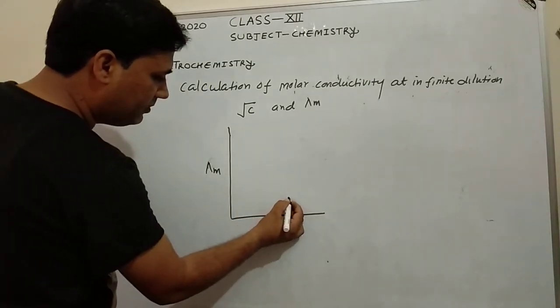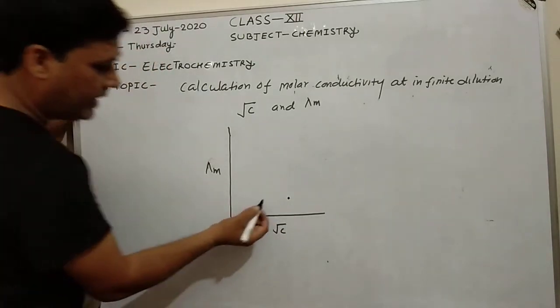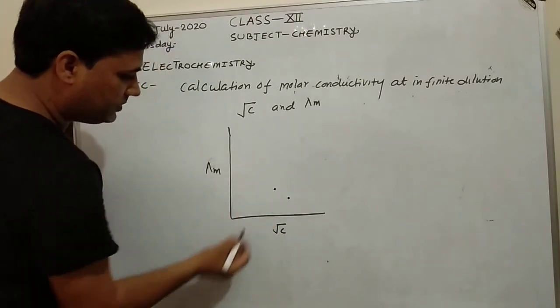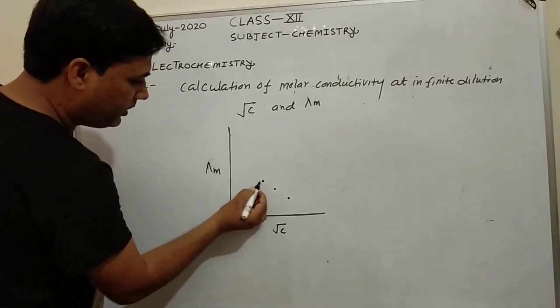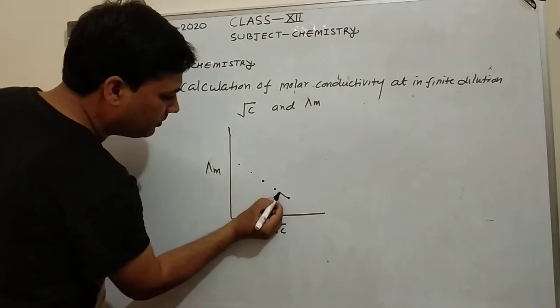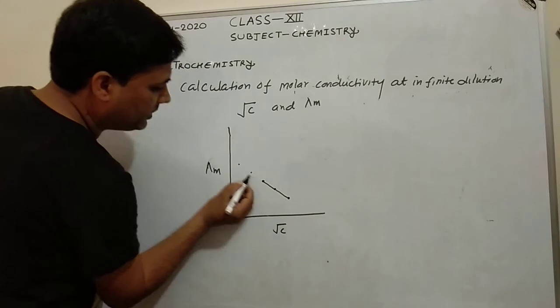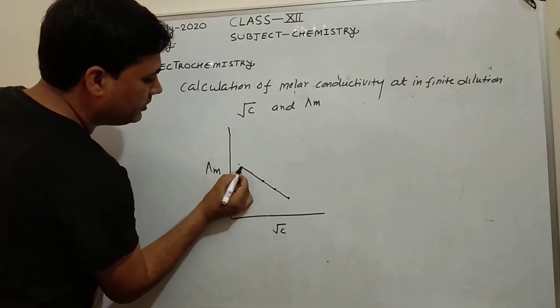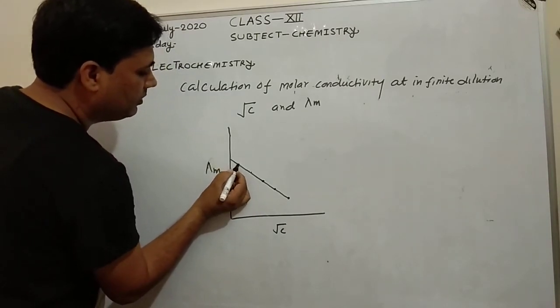At this point concentration is high, but at this point concentration decreases, and at this point it decreases further. So on dilution molar conductivity increases linearly.